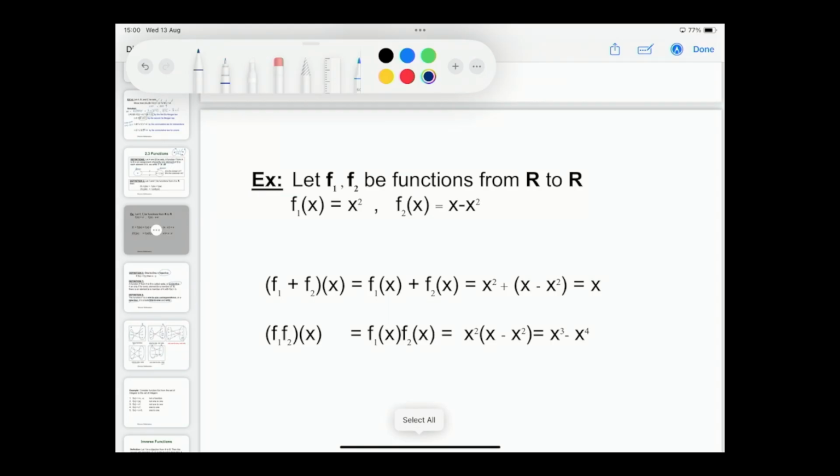For the sum, we just directly apply the summation of what we have for F1 and for the second function. That is straightforward, and also for the multiplication, F1 times F2.